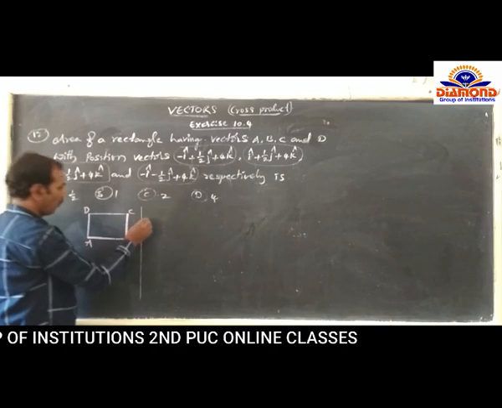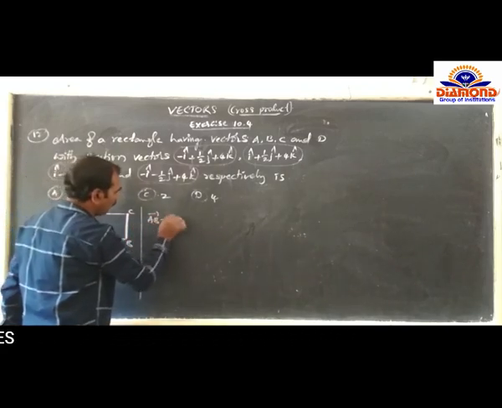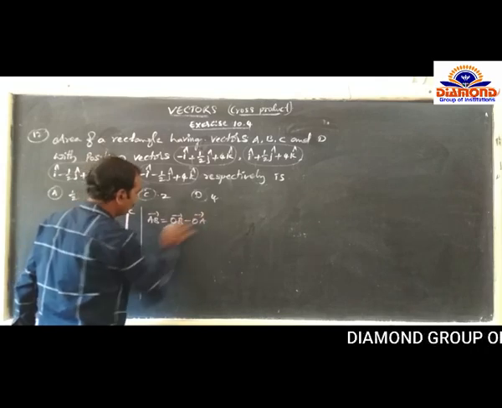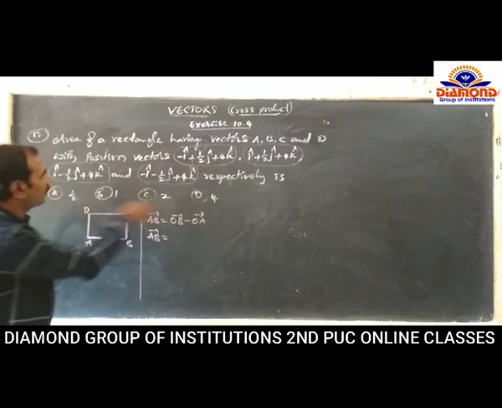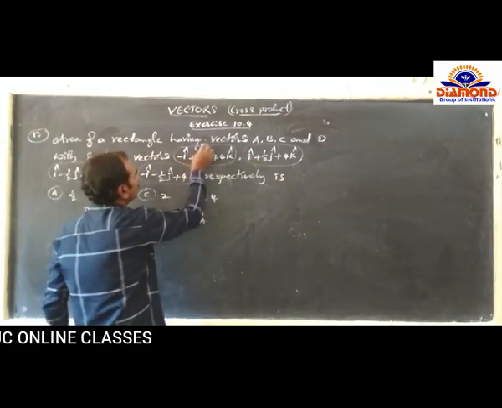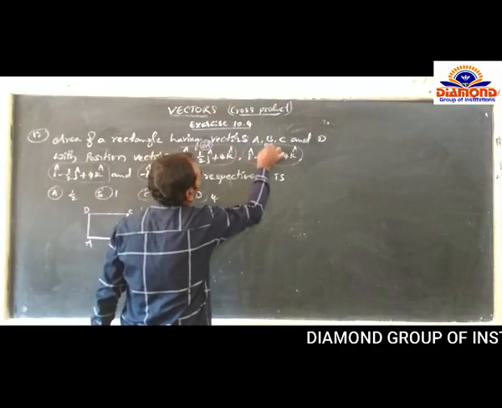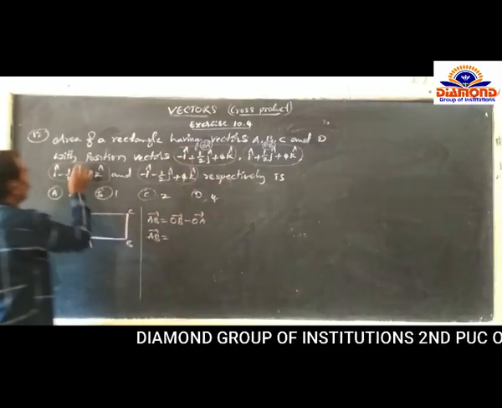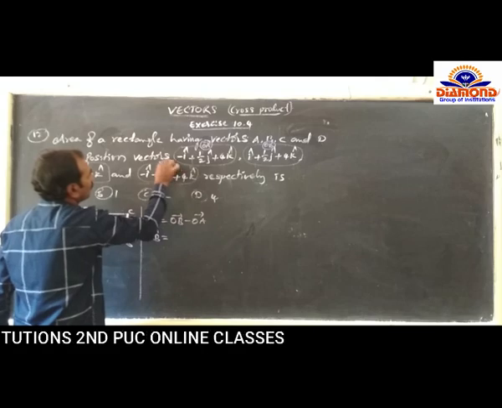First of all, AB bar equals OB bar minus OA bar. So this is OA bar, this is OB bar, this is OC bar, this is OD bar.